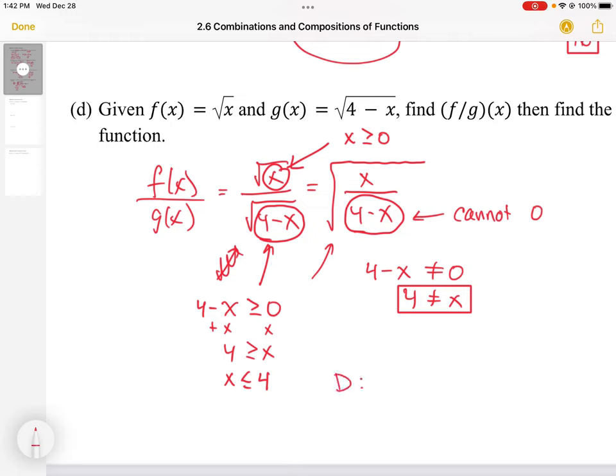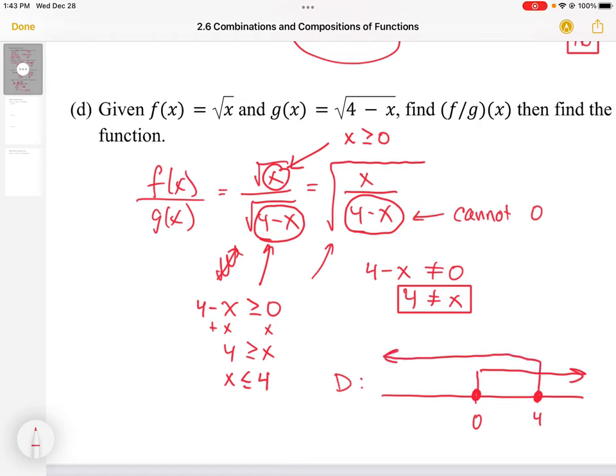Let's put that on a number line, because this is going to get us a little confused here. So that's my domain for the square root of x. For the square root of 4 minus x, I have x is less than or equal to 4.